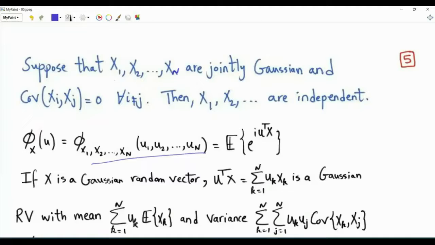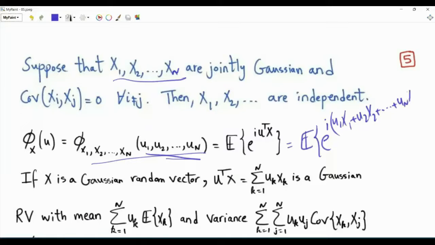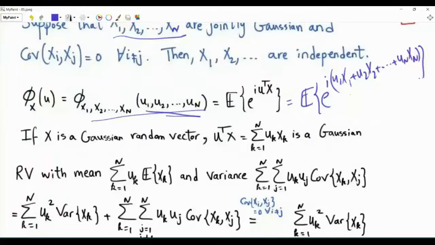This is the characteristic function of those n random variables, and as I said, the characteristic function is parameterized by n real valued parameters, and it is this expectation of e to the i, u1 x1 plus u2 x2 all the way to un xn. This is the joint characteristic function, or just the characteristic function of the Gaussian vector x here.